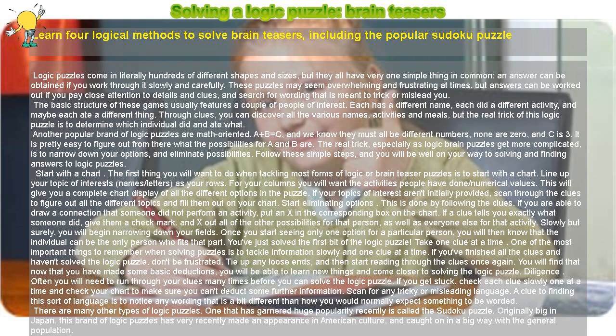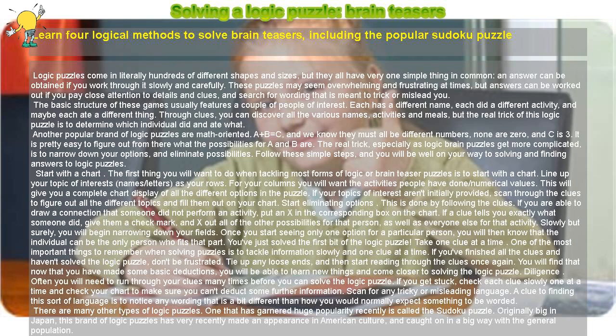The real trick, especially as logic brain puzzles get more complicated, is to narrow down your options, and eliminate possibilities. Follow these simple steps, and you will be well on your way to solving and finding answers to logic puzzles.